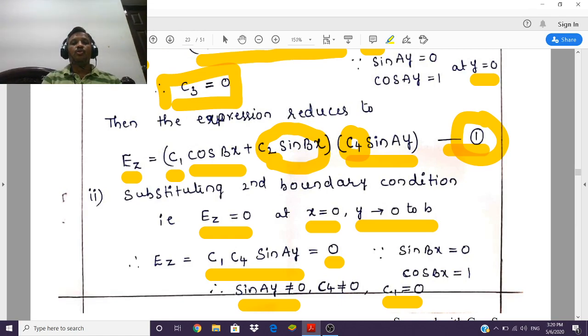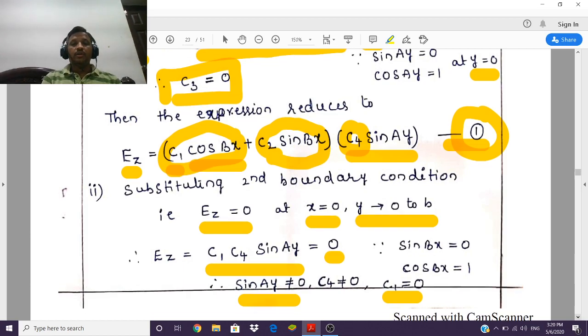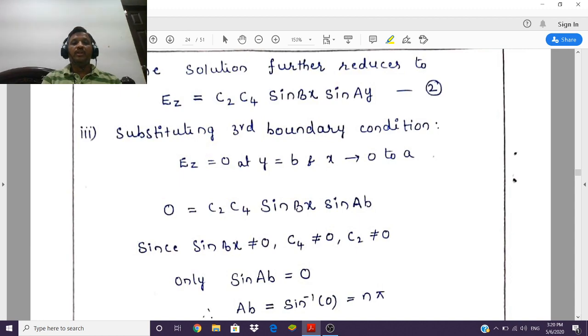If they become 0, the overall expression for Ez will be 0. So substitute c1 equal to 0 in equation 1, then c1 cos bx will become 0, and what will remain is c2 sin bx and c4 sin ay, and this is what you will get after the second boundary condition.